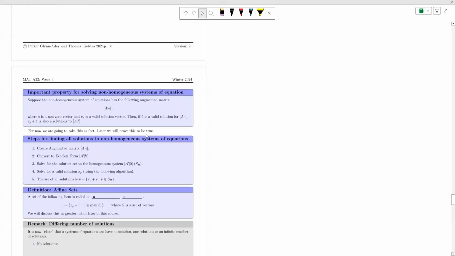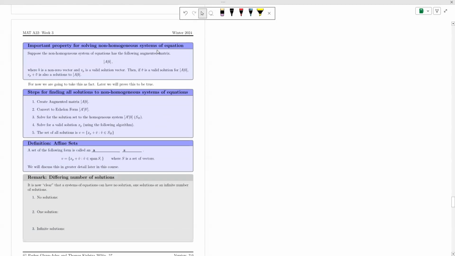So now that we've dealt with the homogeneous, we're going to look at our non-homogeneous. And in our non-homogeneous, we're really just changing one thing. This vector here is not all 0. Our process for solving a non-homogeneous system of equations is extremely similar.